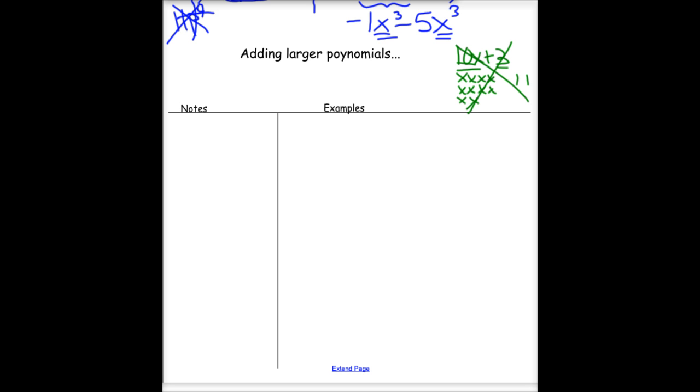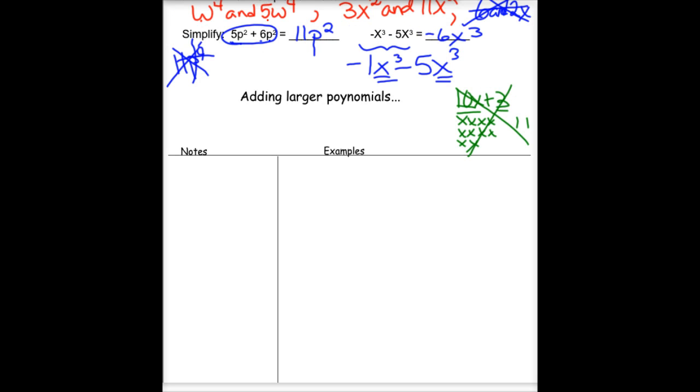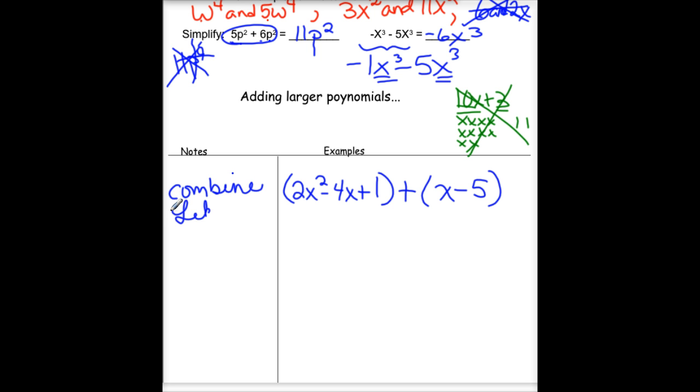So let's put some examples on here of adding up some larger ones like this. First of all, let's take 2x squared minus 4x plus 1, and I'm going to add to it x minus 5. So the first thing I would suggest you do for our notes is combine like terms.